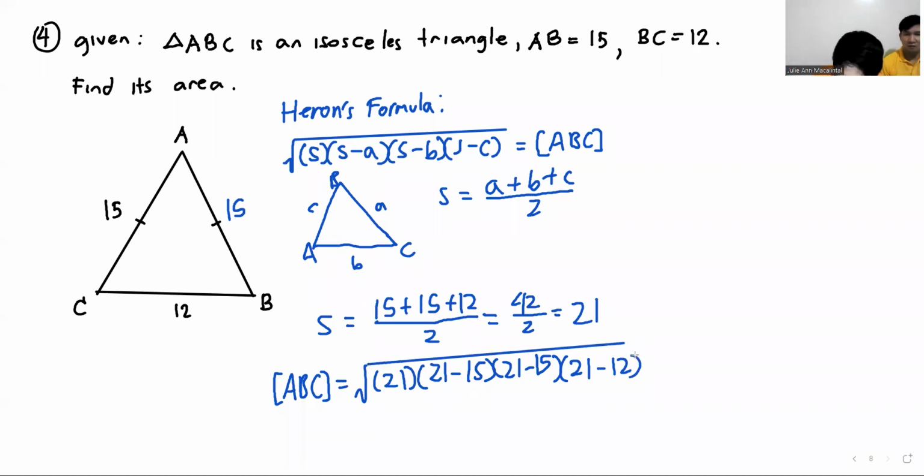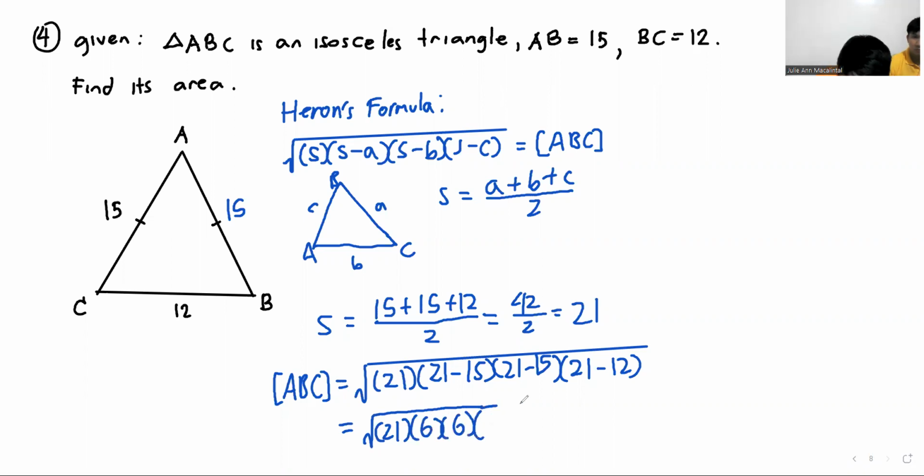That's the square root of 21 times 6 times 6 times 9. The 6 is immediately factored out because there are two of them.